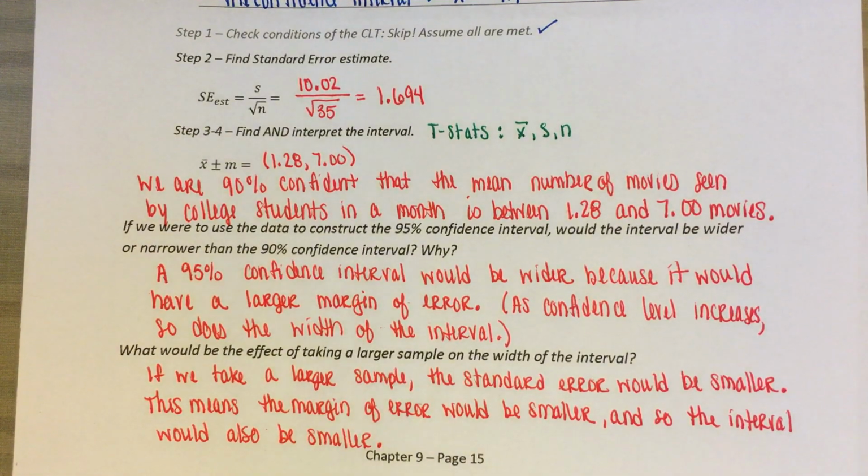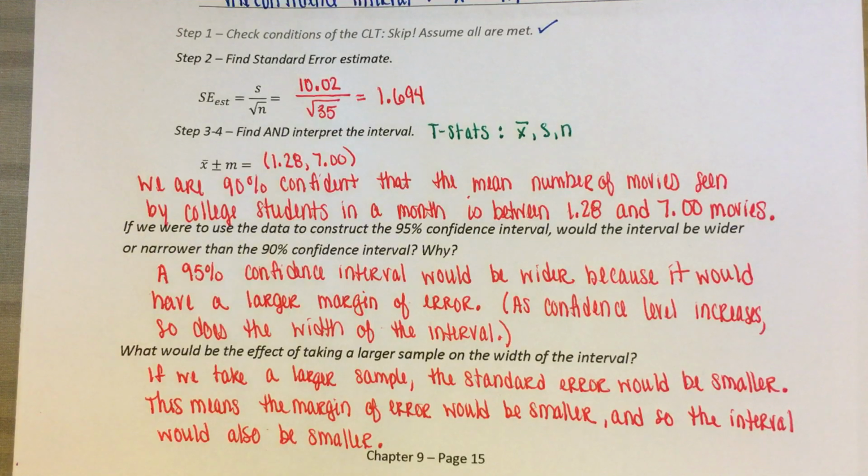So as you're working through the ones in section 9.3, again, we're not focusing too much on our calculations with our t-distribution. Just be aware that we are using a t-distribution in our t-statistics test in StatCrunch, not our z-statistics test. And as we're going through looking at these problems, you want to get comfortable finding your standard error, finding and interpreting your confidence intervals, and thinking about what would happen if you change some different values in your problem.